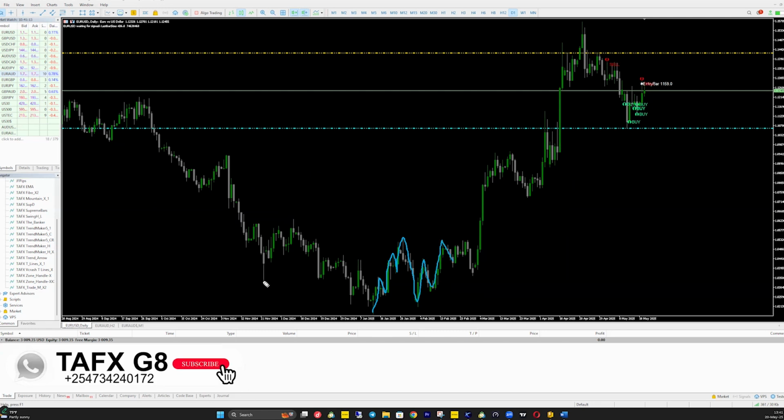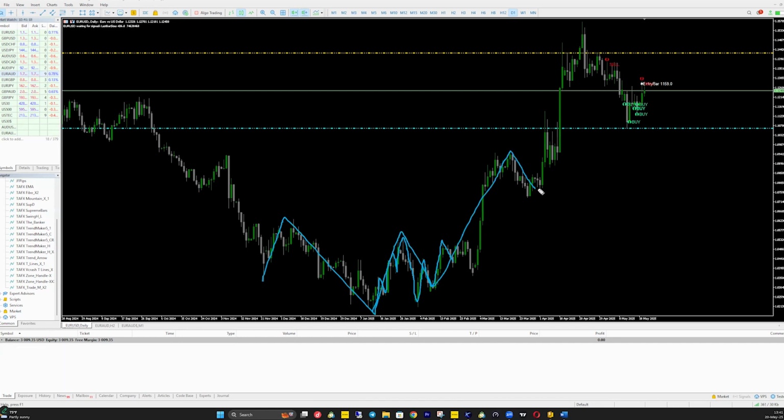So this means that the one who draws from here to here and says this is higher high, higher low, and the one who draws even the internal structure, it will matter how you master those structures and what works for you.